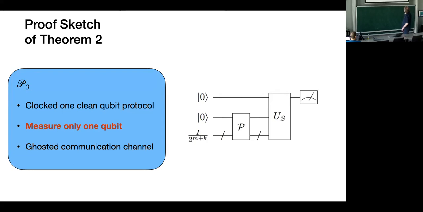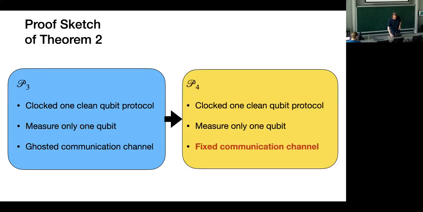This is only about the measurement. So you basically take this arbitrary projective measurement and find a suitable unitary so that in the end you get to measure only one of the qubits. That's then the one that you use. From there, you can fix the communication channel with some modifications, permuting qubits and then always sending the same qubits around.